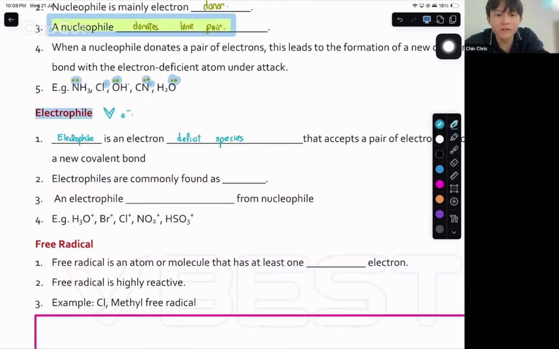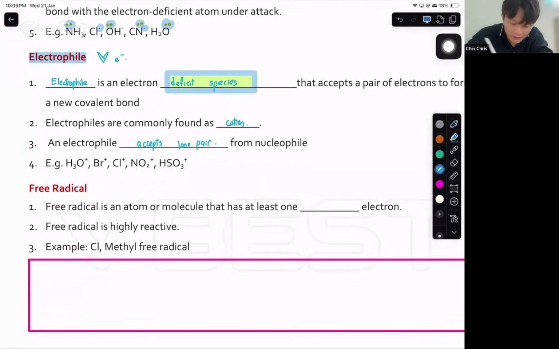It accepts a pair of electrons to form a new covalent bond, and an electrophile is usually found as a cation. It accepts a lone pair or electron from a nucleophile. So you see, all the electrophiles have a positive charge. That's it.